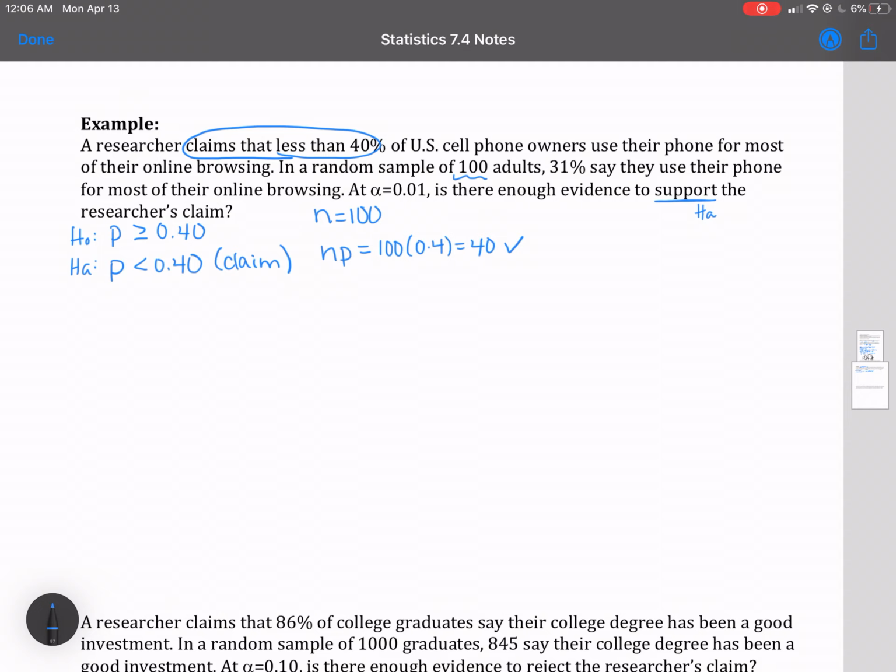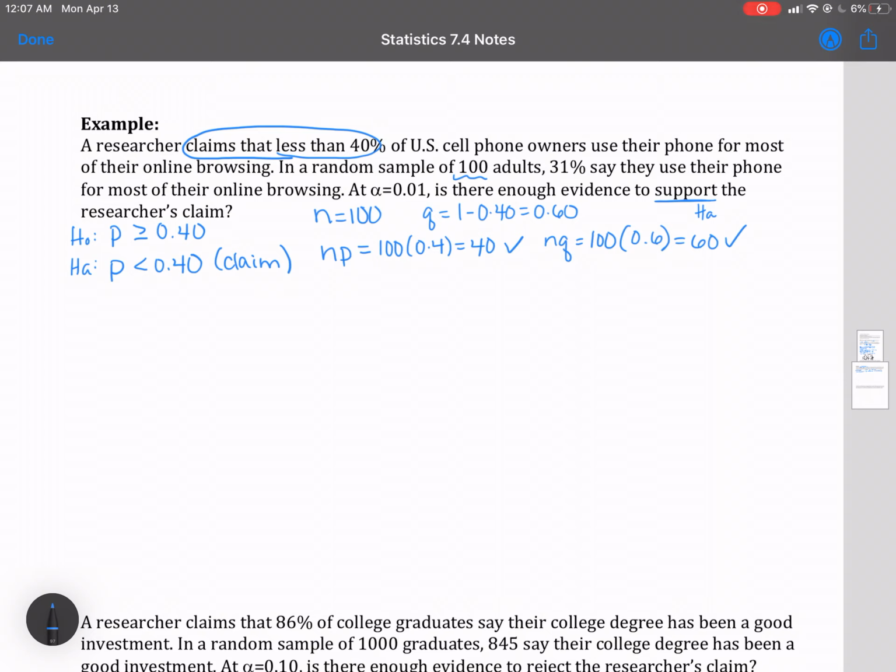So that's good. And then nq, remember, q is always the opposite. So q would equal 1 minus 0.4, which would be 0.6. And 100 times 0.6 is 60. So again, that one works.